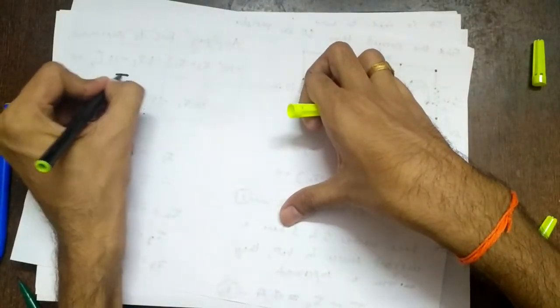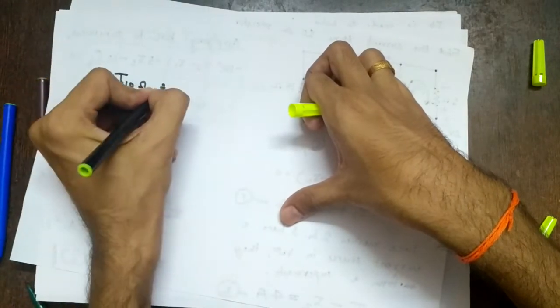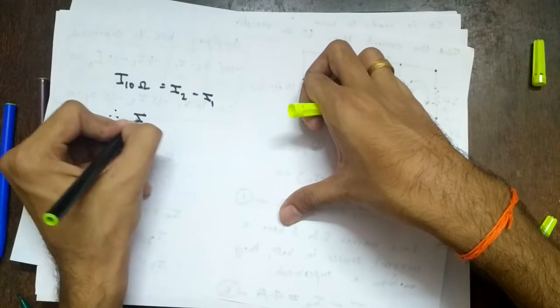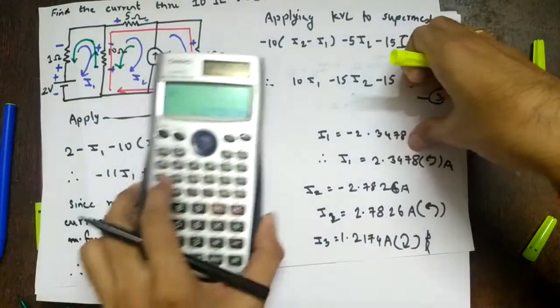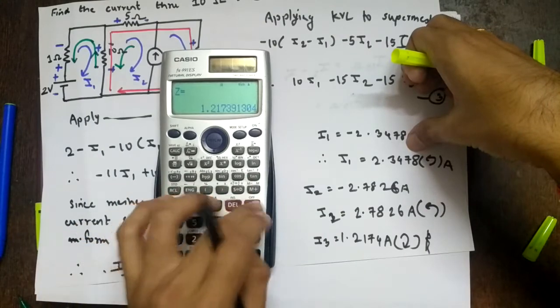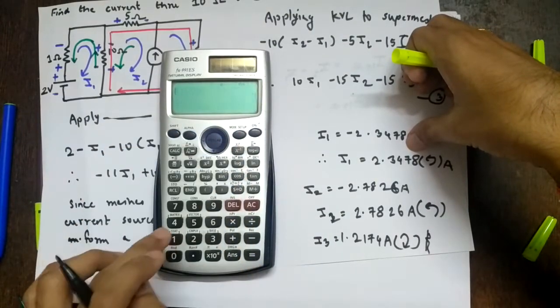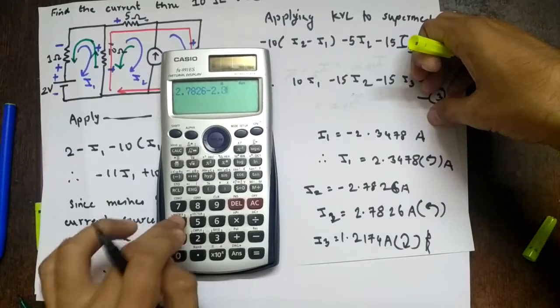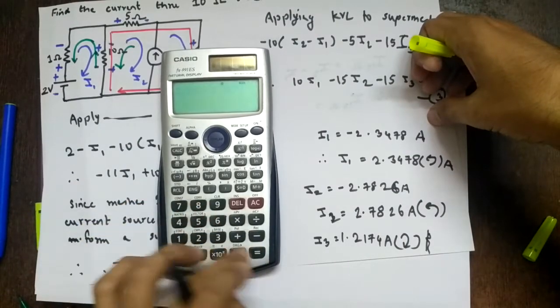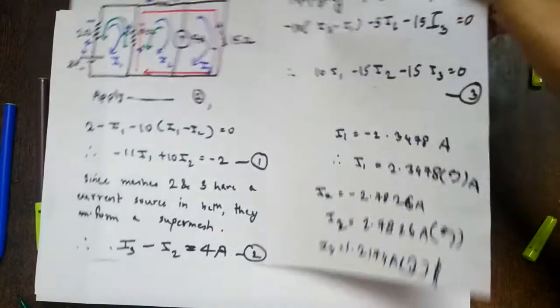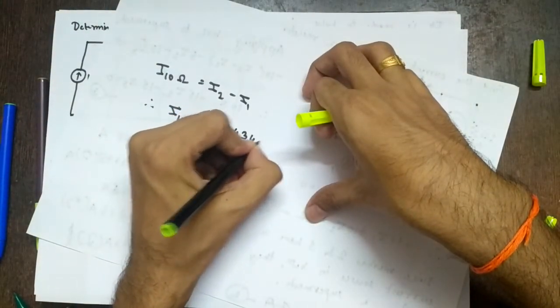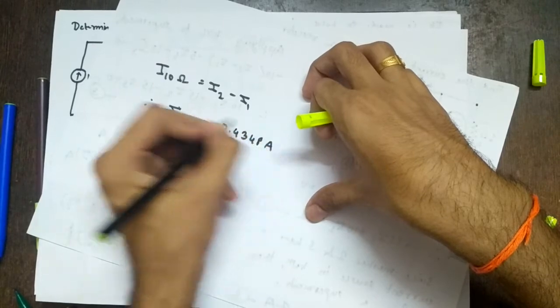So current through 10 ohms equal to I2 minus I1. Therefore current through 10 ohms equal to 2.7826 minus 2.3478, which is 0.4348 amperes.